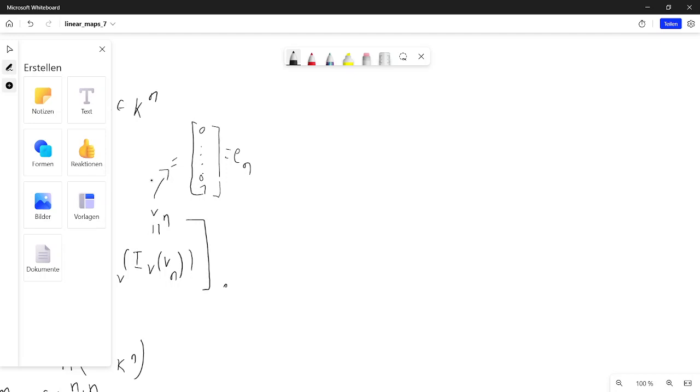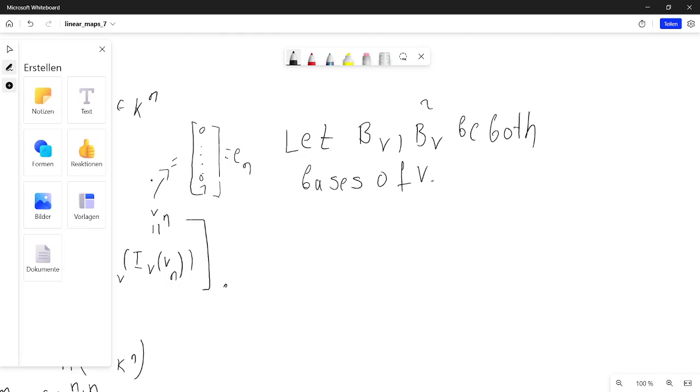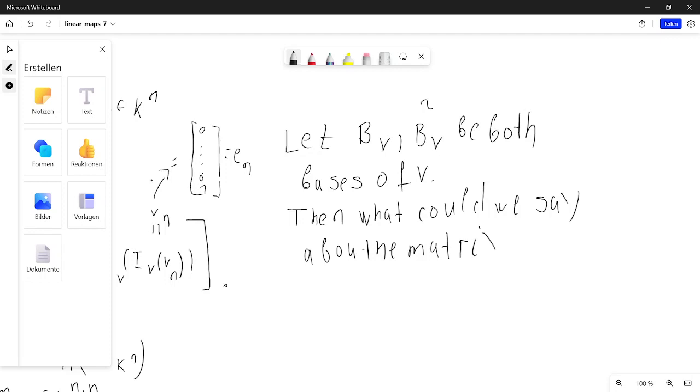And now let B_V and B_V tilde both be bases of V. Then what could we say about the matrix I, meaning the identity of V, from B_V to B_V tilde?